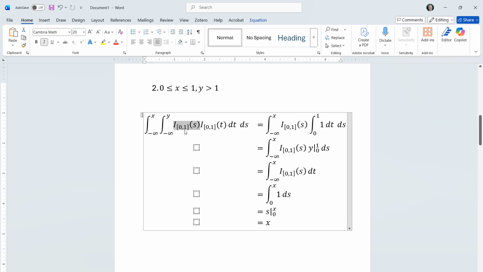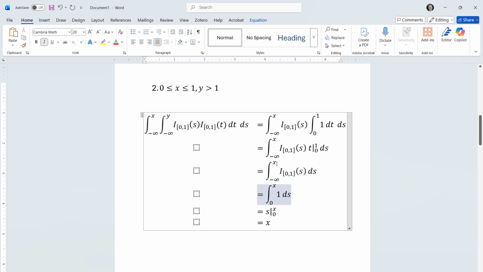And so the inner integral is the integral of 1 from 0 up to 1 with respect to t. We evaluate the integral, and the antiderivative is t, evaluated from 0 up to 1, and so that's going to just simplify to 1. And so the entire expression is going to become the integral from -infinity up to x of the remaining indicator function with respect to s.